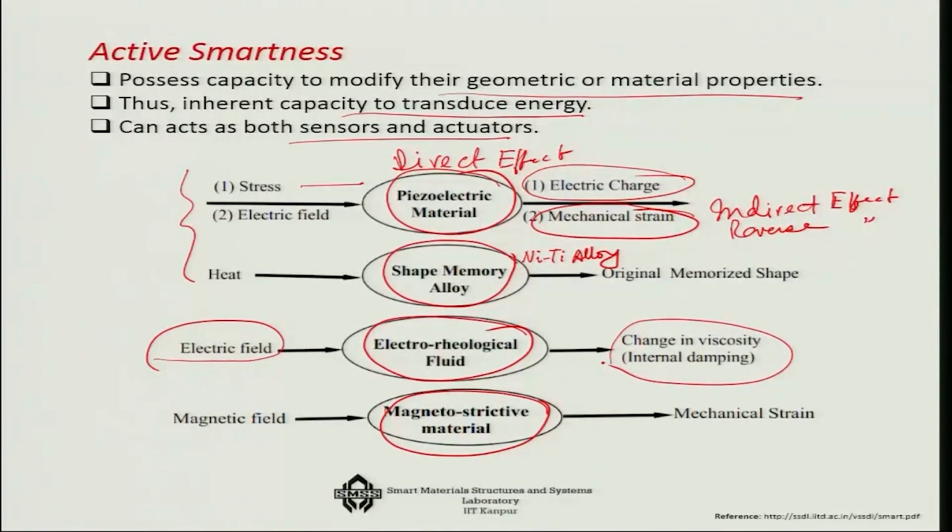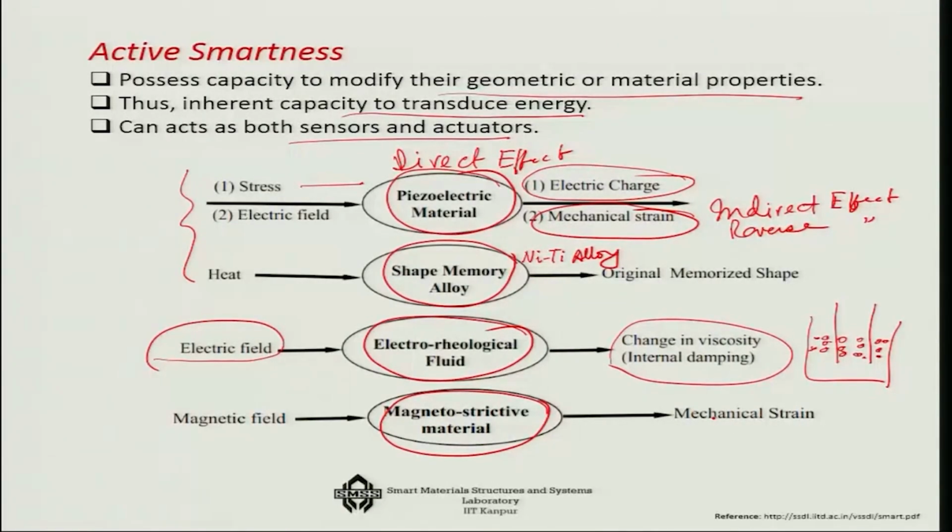What you will see is that if you apply high voltage across two electrodes, there is a bridging effect happening. All the particles will start to flock around the electrodes. So the viscosity is going to change around these electrodes. So this is the electric field which is responsible for the change in viscosity.